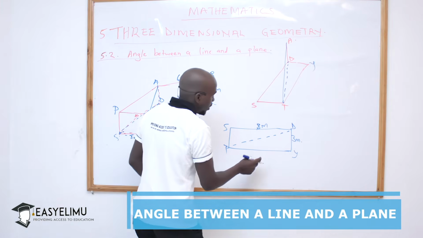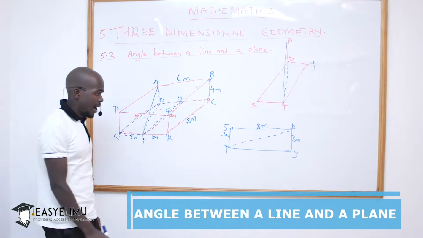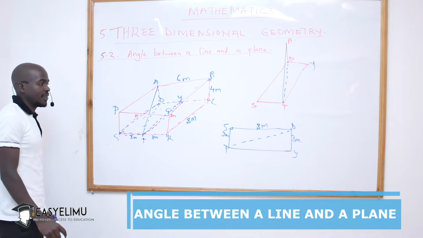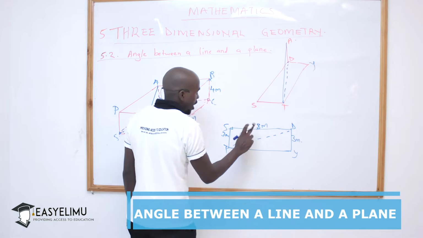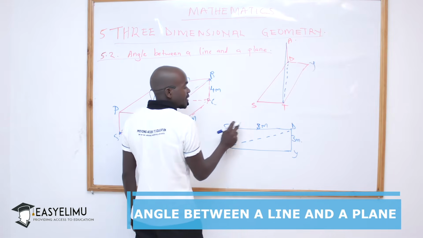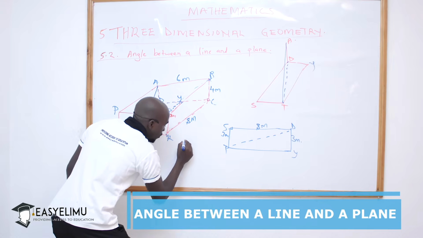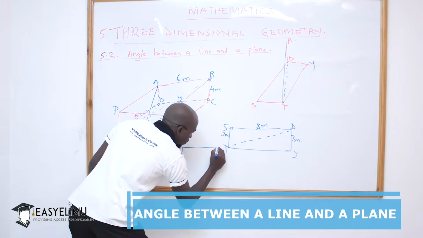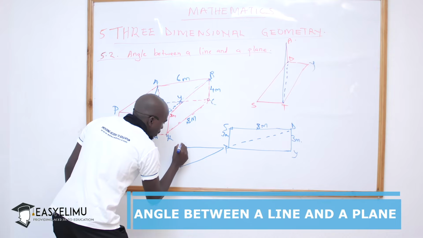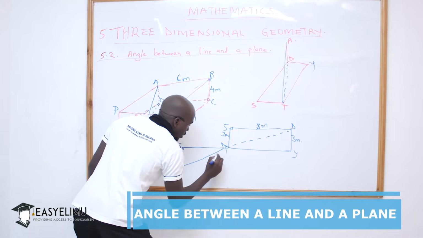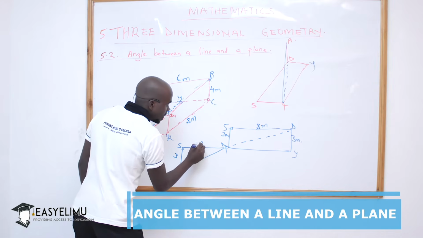And if that one is 3 meters, for a rectangle, that is making us deduce a right angle triangle of the form SDT, whereby this measurement is 3 and this is 8.